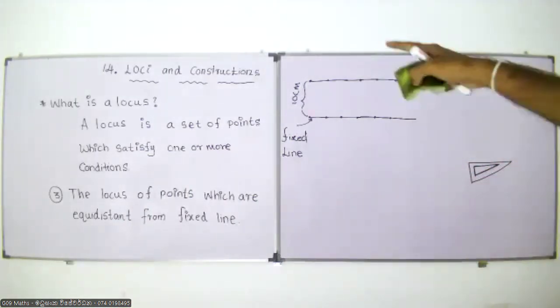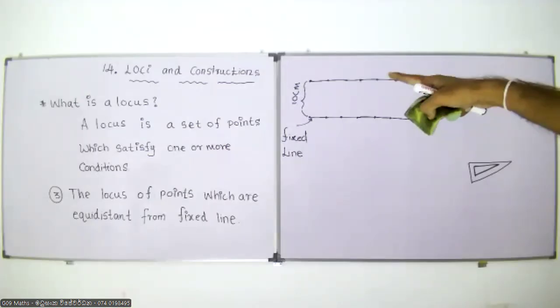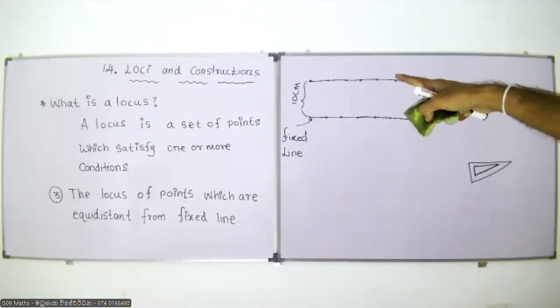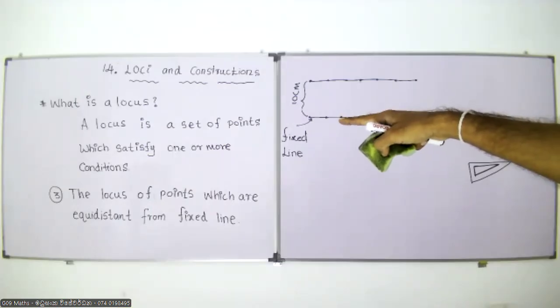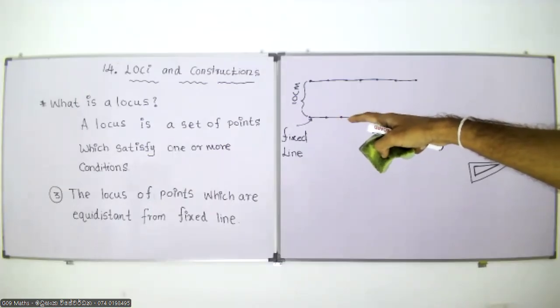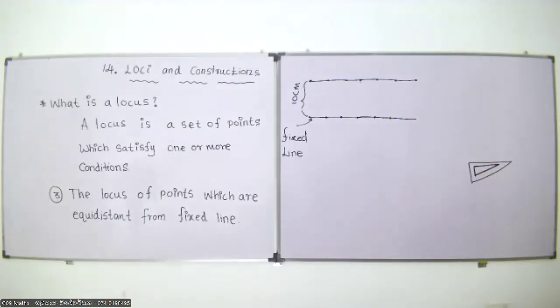Top line has been done in a hurry. Is it the only line that we can construct equidistant from this fixed line? Yeah, we can construct another line from the bottom.